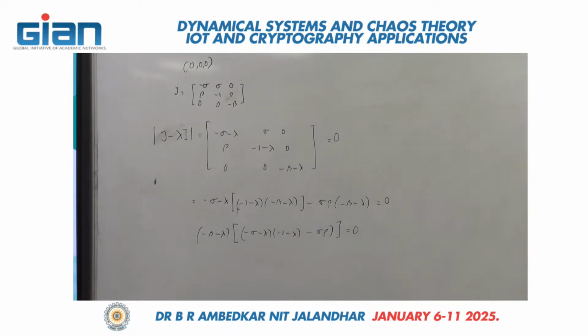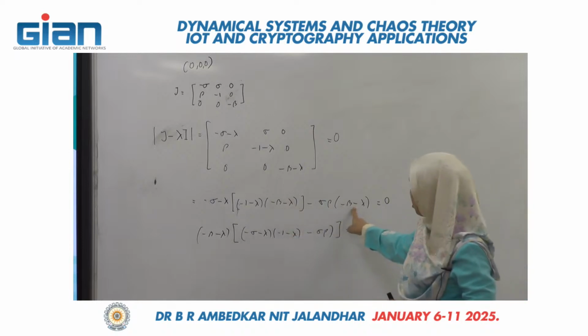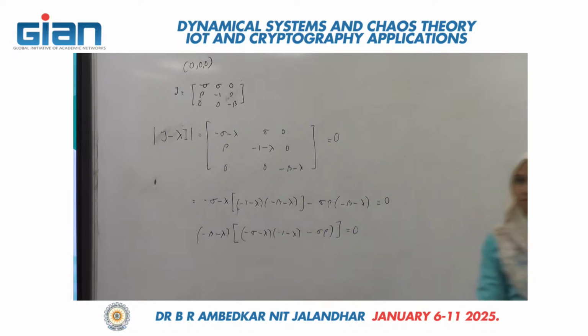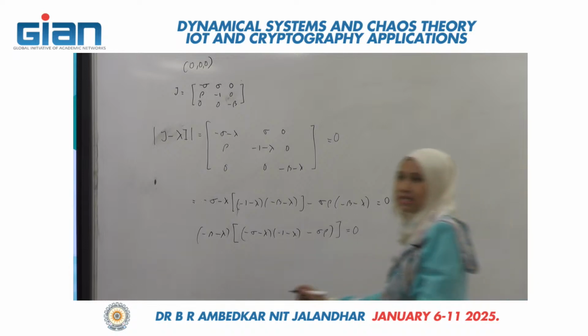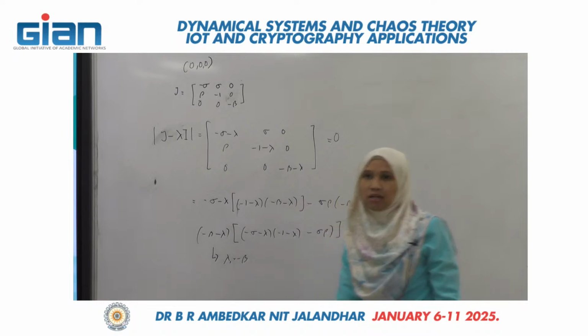Am I doing it correctly now? So I factored this one. So this one will be here, this one will be here. Correct, right? Okay. So next, this one will be our first eigenvalue, lambda equal to negative beta.